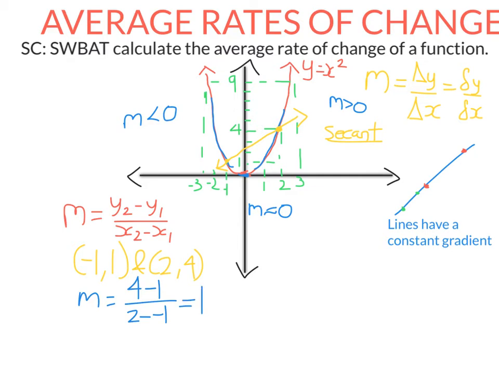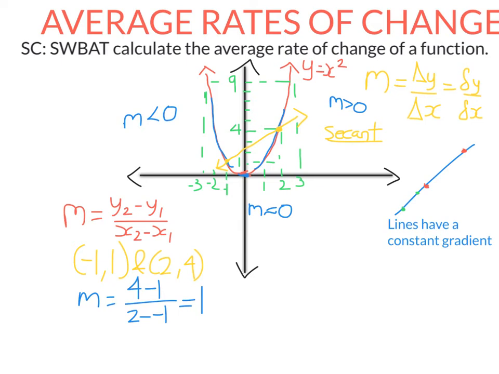Putting that on your calculator, you get 1. So that makes sense. From this point, we've gone across 3 and up 3. X values have increased by 3, y values by 3. So on average, each time we increase x by 1, we go up 1. Across 1, up 1. Across 1, up 1. So that's what it's saying here.